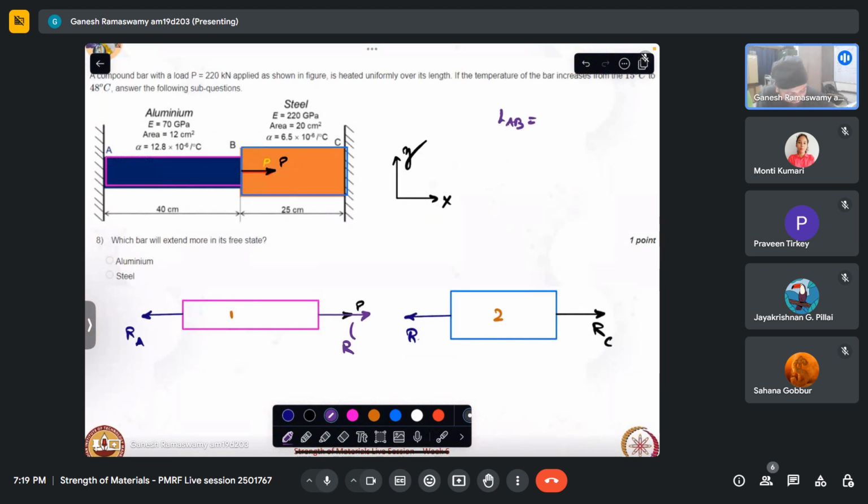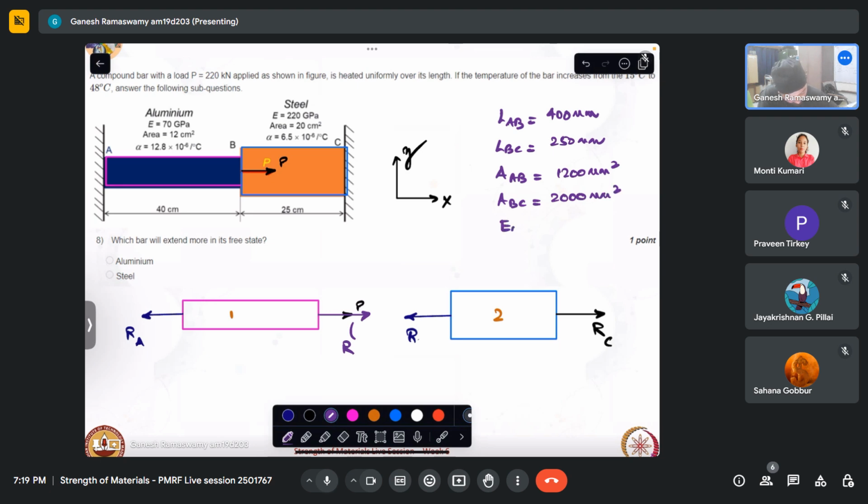So for consistency, I'm putting it as 400 mm. Similarly, L_BC is 250 mm. Area AB is 1200 mm squared. And then area of BC is 2000 mm squared.